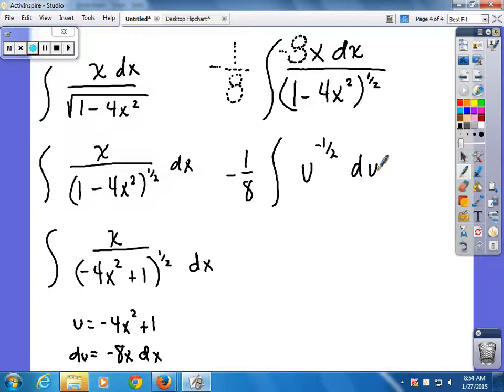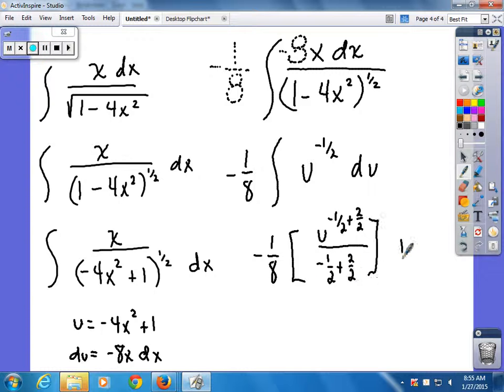So negative 1/8, brackets, u to the what? u to the negative 1/2 plus 2/2 over negative 1/2 plus 2/2, plus c.